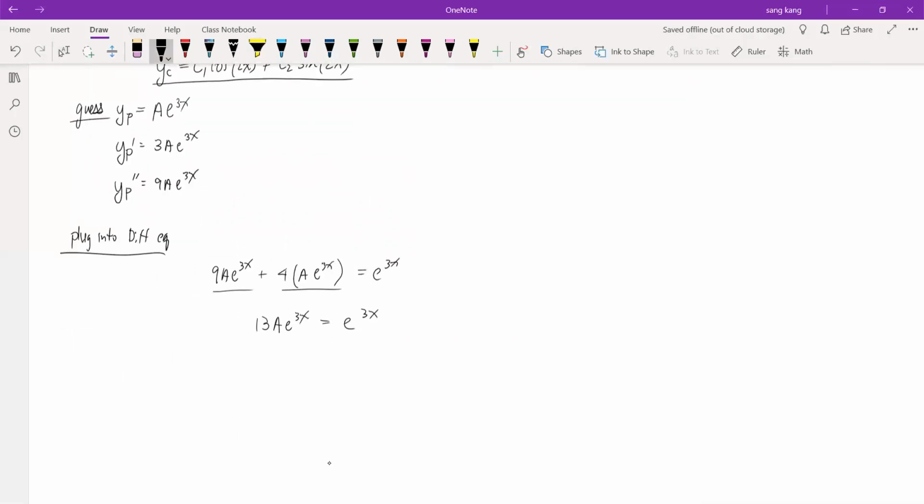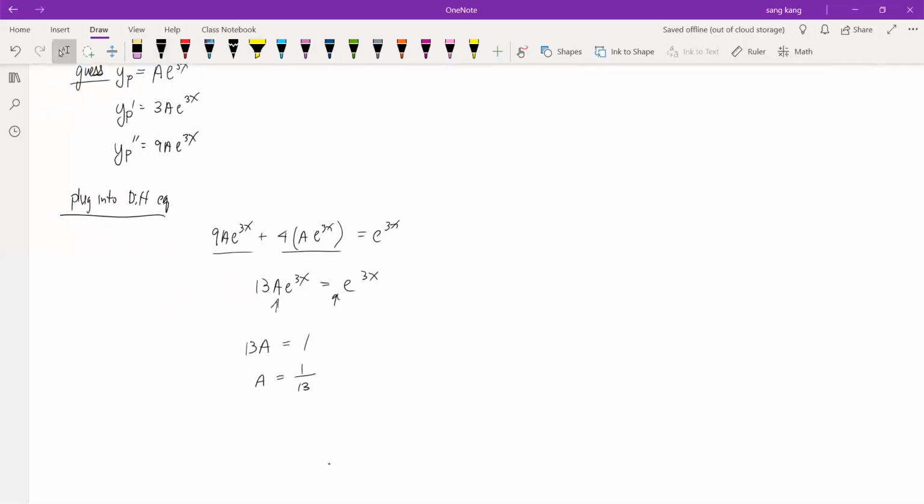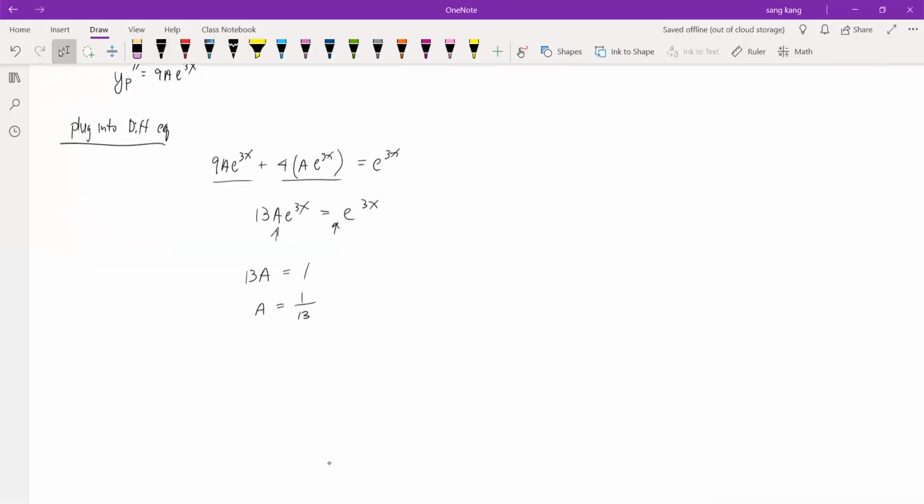And of course, if we solve for this a, the coefficient in front of the right side is 1. So 13a has to equal 1. Therefore, a equals 1 over 13. Right, pretty simple. And now our particular will be 1/13 e to the 3x.